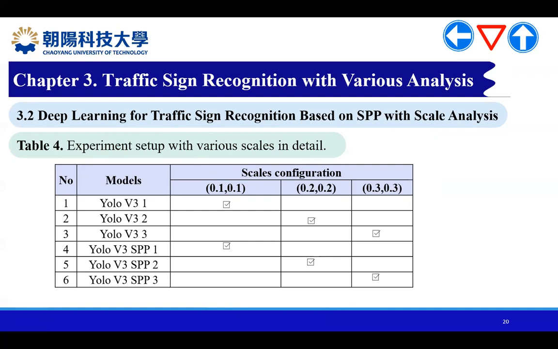And in these experiments, I want to know what the effect of that scale is. In the scale configuration, I'm using 0.1, 0.1, 0.2, 0.2, 0.3, 0.3, and the models, of course, are YOLOv3 and YOLOv3 SPP with different scales. So in total, we have 6 models.